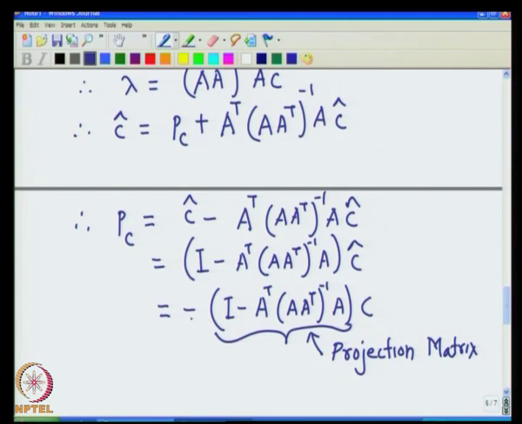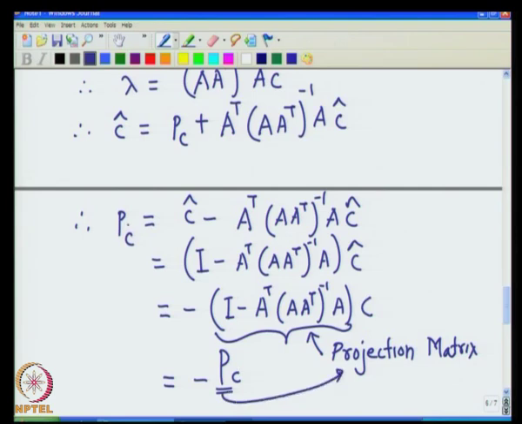So, the projection of minus C will be as shown here. We can write this as minus P C. Now, this capital P is a projection matrix and C is a vector.